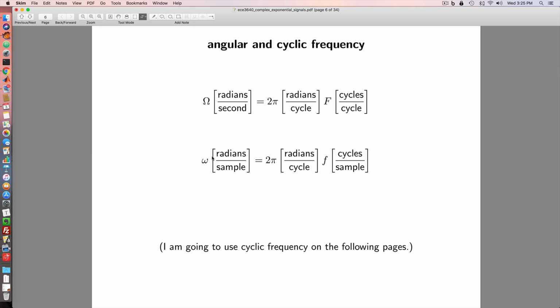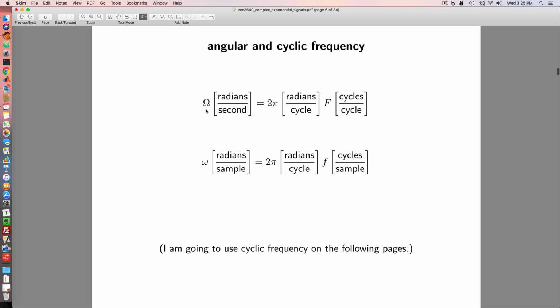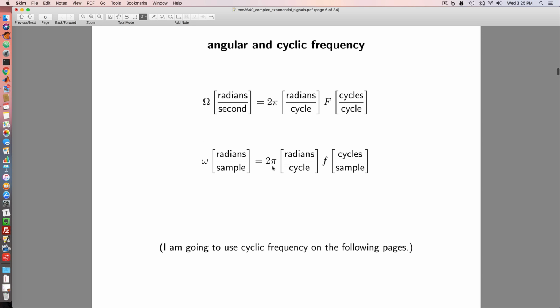Another quick word about angular frequency. I personally like cyclic frequency and don't use angular frequency very often, but you can always compute the radial frequency or the angular frequency from the cyclic frequency just by multiplying by 2 pi. And you can see how the units work out here as well. I see that I have made a little typo here. The units of f are cycles per second, and the cycles cancel here, leaving us with units of radians per cycle.